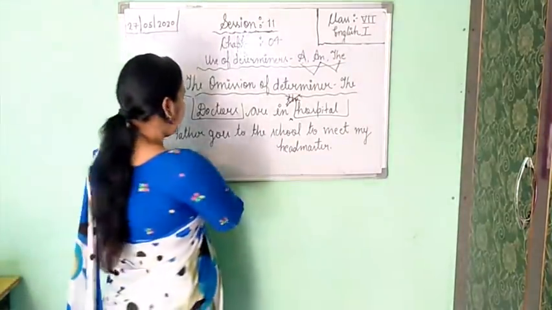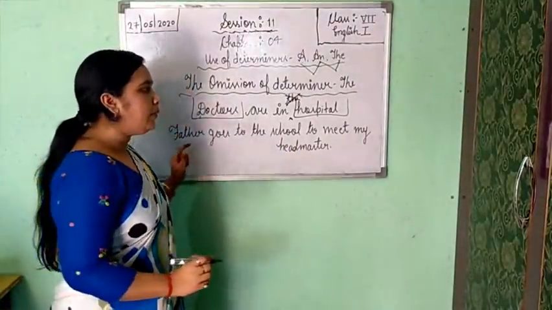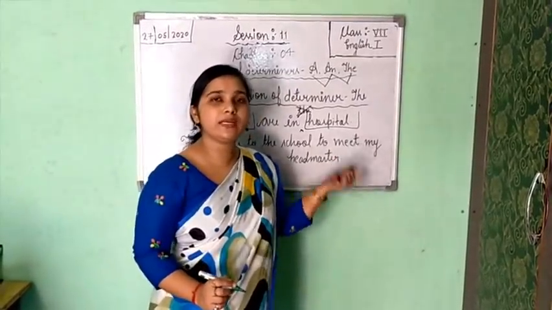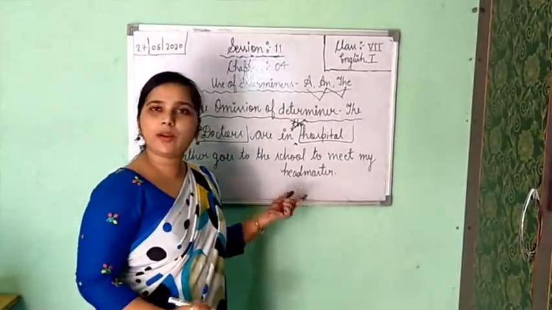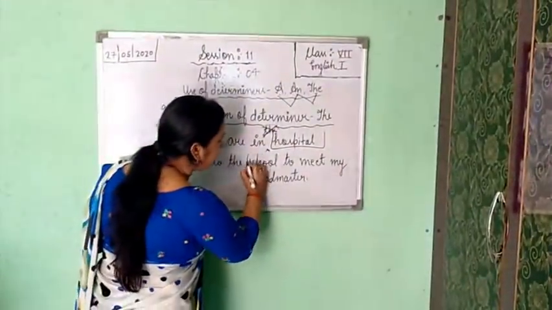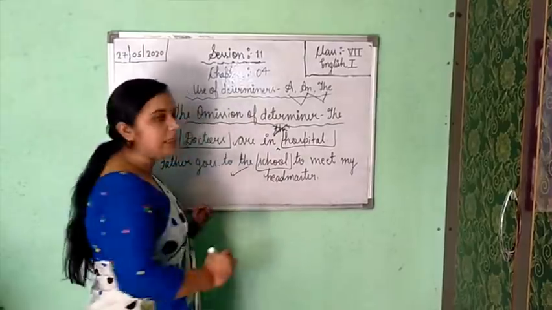Now here one can see the purpose, because what is the purpose for which the father has gone to the school? The purpose is to meet the headmaster. Here the purpose is clearly visible. So that is why before the name of the school we should apply "the".